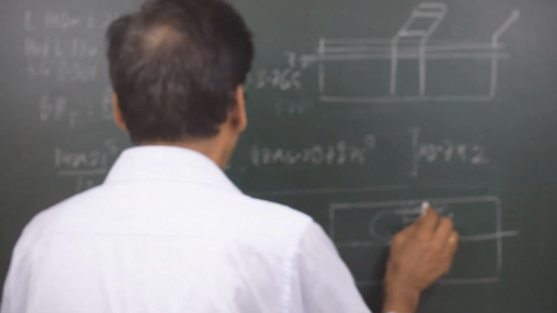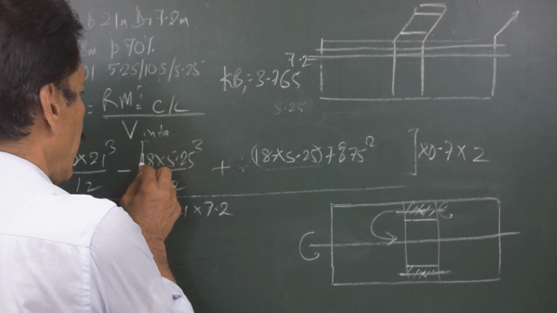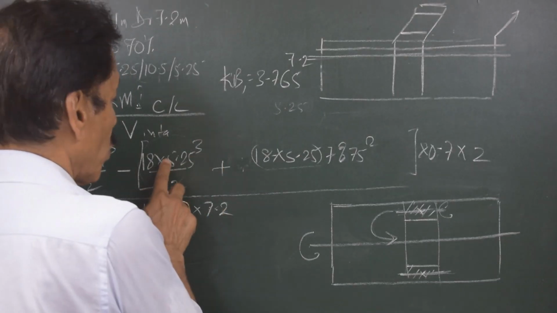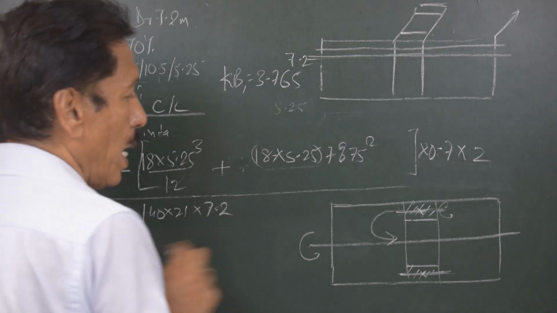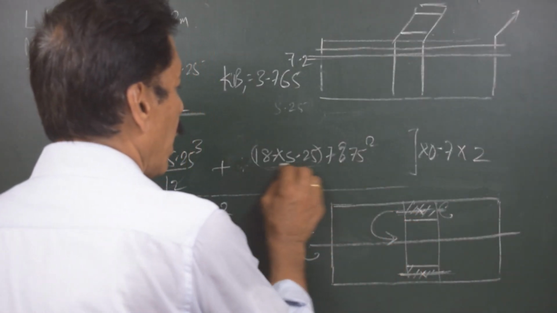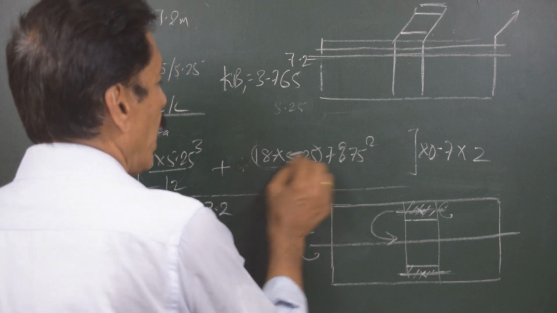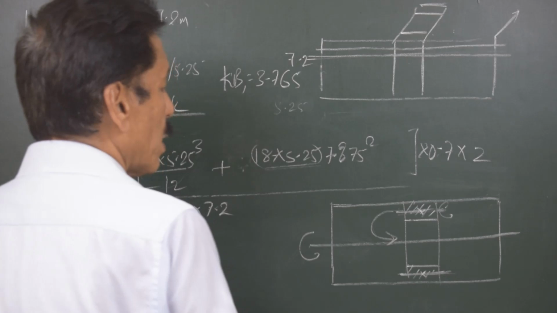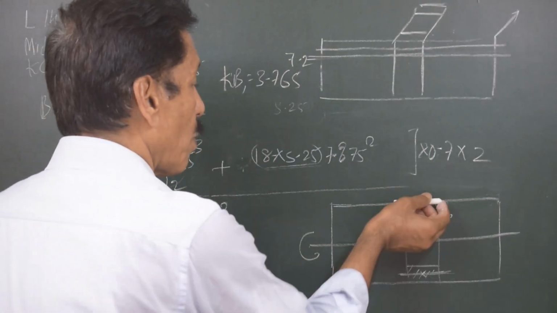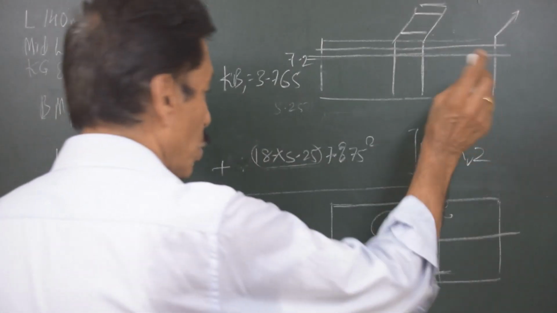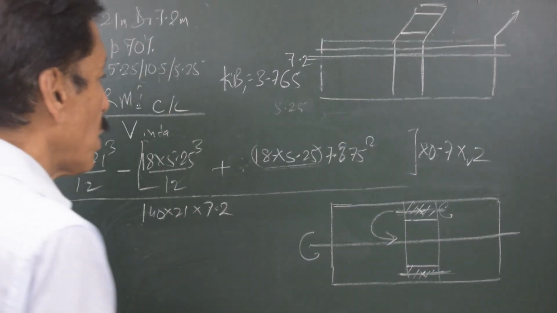The loss of moment of inertia about own axis is 18 into 5.25 cube upon 12, of course multiplied with 0.7. When I take this moment of inertia to the common center line, I have to add AD square. But because the loss is coming from both sides, I multiply with 2.